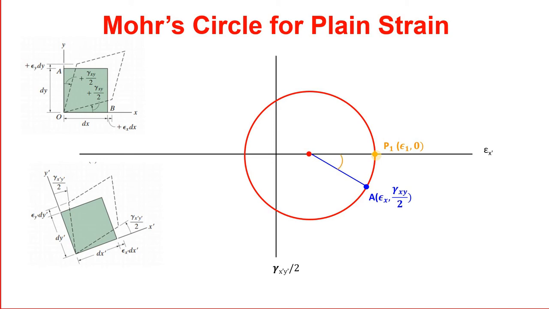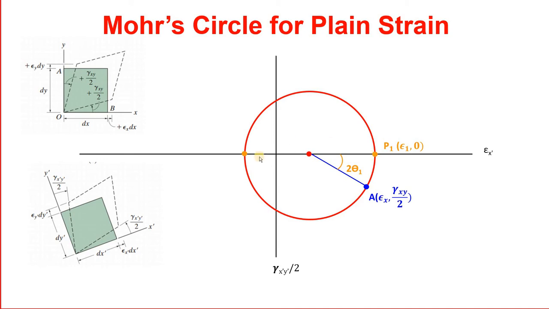You can see the angle of this point P1 with respect to the reference line CA, which corresponds to 0 degree orientation. This should be 2 theta 1, where theta 1 is the angle of the major principal strain with the x-axis, with the reference line CA.